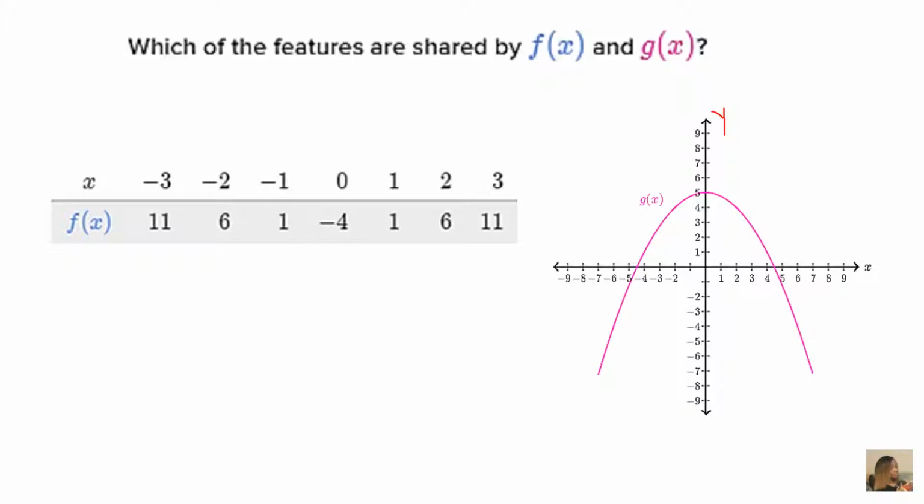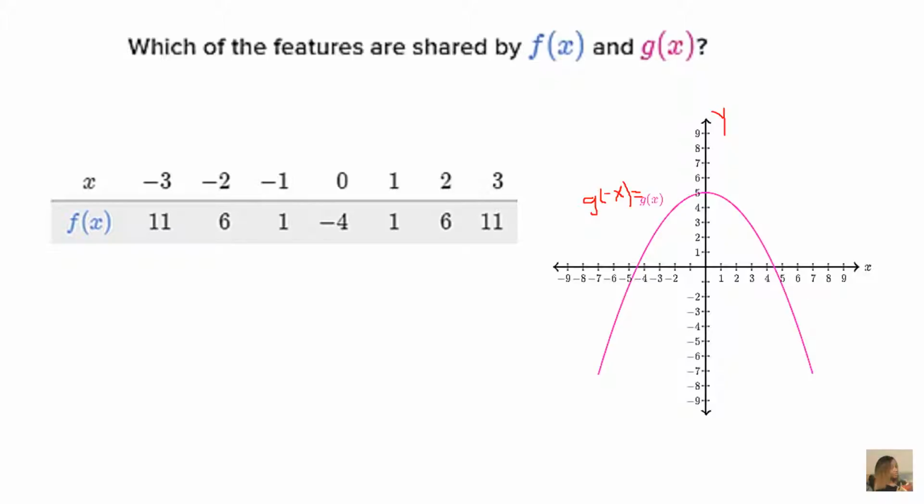And algebraically, if g of negative x is equivalent to g of x, the function is even.